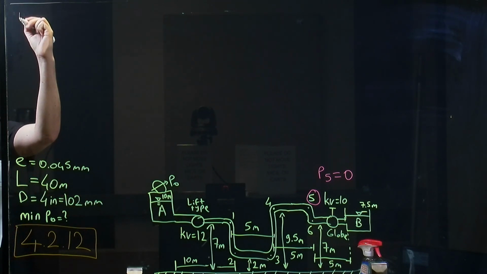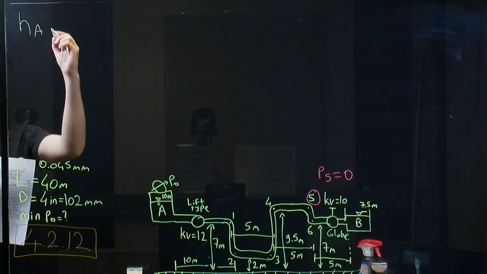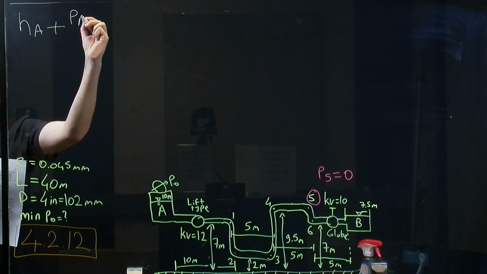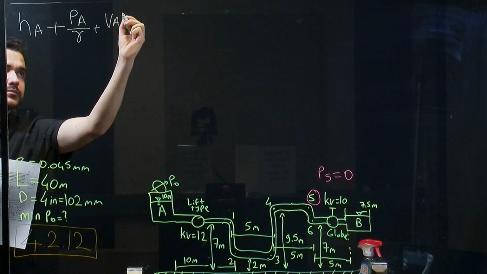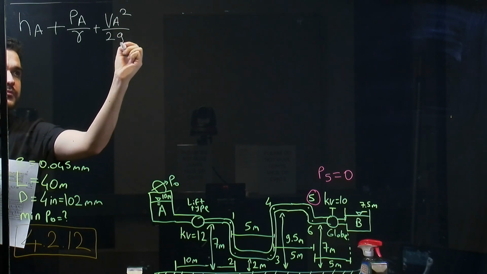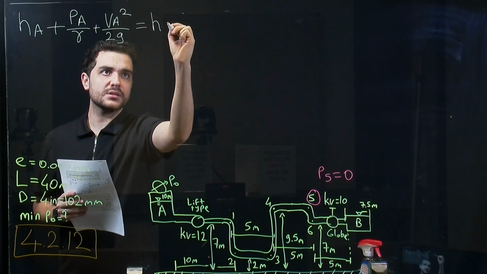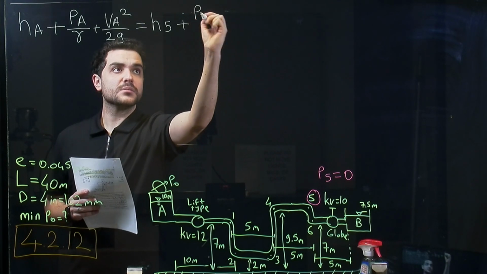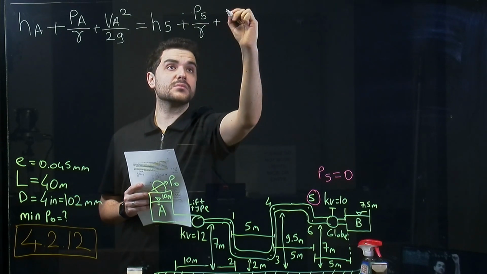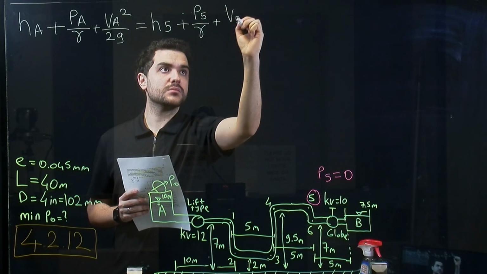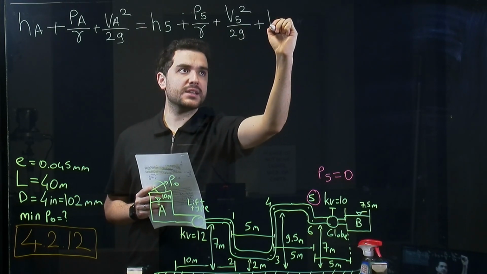And first, energy equation for this reservoir. And it is equal to H5, P5 over gamma plus, and head loss, of course.